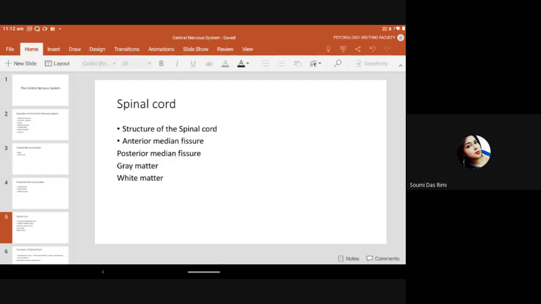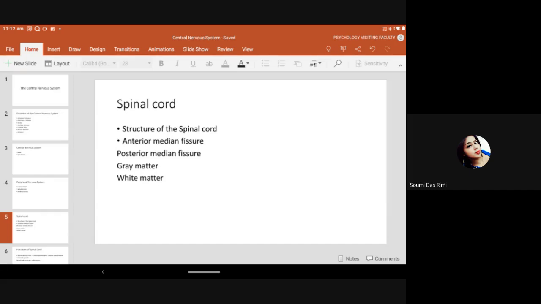It is a cylindrical, cord-like oval shape, and it is 45 centimeters in length for an average person. It is placed within the spinal column, and the cord is a very delicate structure, and it is protected by the bones. There are small pieces of bones joined together, the vertebrae, that surround it.